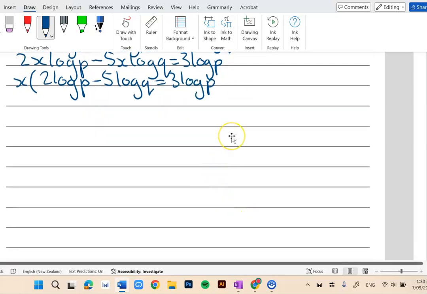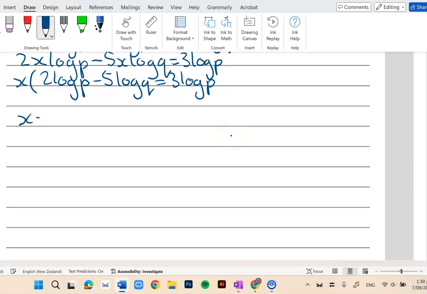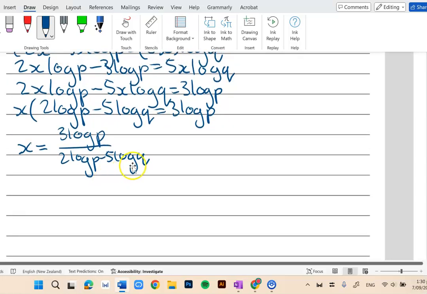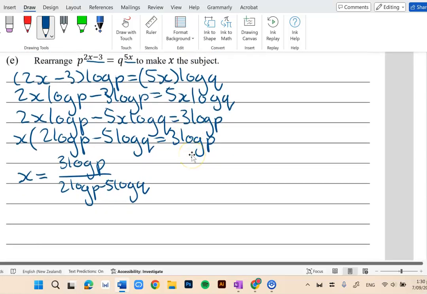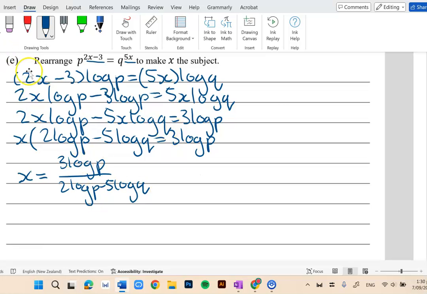So now it's just x equals 3 log p divided by all that, what we just had, 2 log p minus 5 log q. And that's it. That's all you need. It's a pretty simple excellence question. Just need to know when to use logs and moving stuff around, but it's pretty generous.